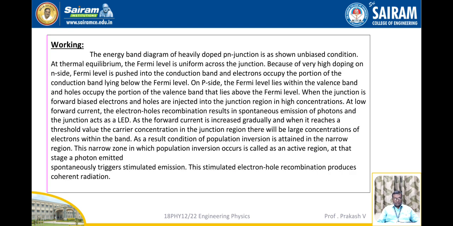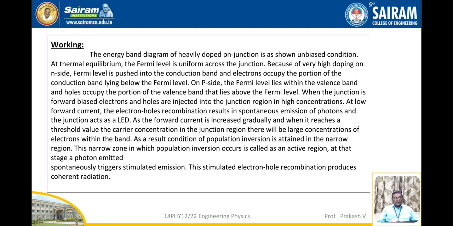Next, let us concentrate on the working part. The energy band diagram of heavily doped PN junction is as shown in the picture, in unbiased condition. At thermal equilibrium, the Fermi level is uniform across the junction.